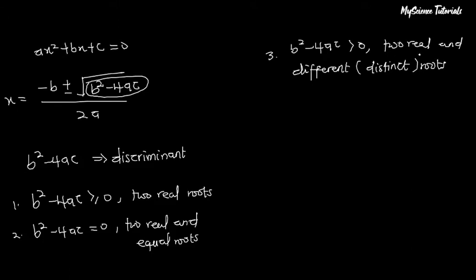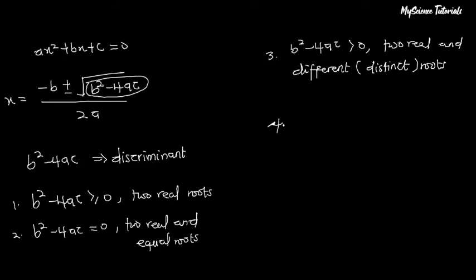Two real as in we have two real numbers, and then distinct or different roots because the values of x can be both positive or both negative. So if they are both positive, they may be 1 and 2, or 1 and 3. So even though they are real numbers, they are different or distinct.